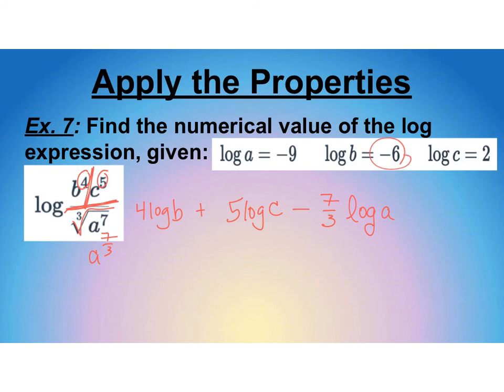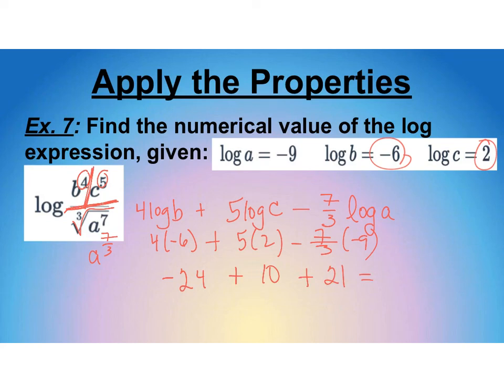Log b is negative 6. 4 times negative 6. Log c is 2. And then times negative 3. So here we have negative 24 plus 10 plus 21 for an answer of 7. And we just solved that challenging problem.